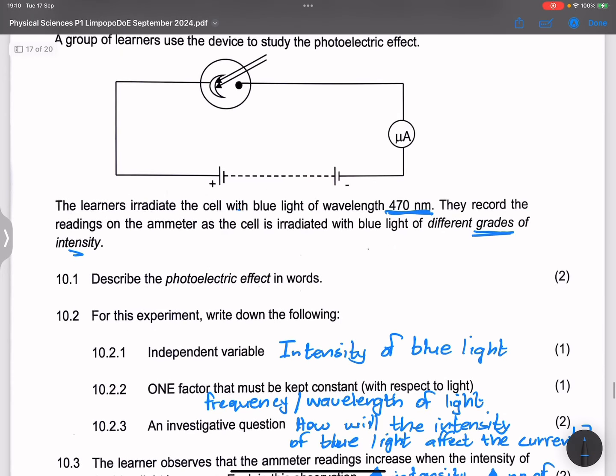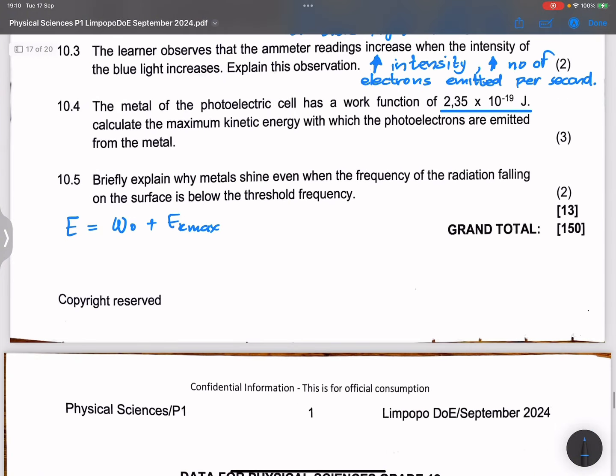But remember, we're given the wavelength of the light, so we're going to say this is HC over lambda. This would have been HF, but we know that F is equal to C over lambda. So that's HC over lambda, equal to the work function, plus EK max. And now because we're looking for EK max, we're just simply going to substitute there.